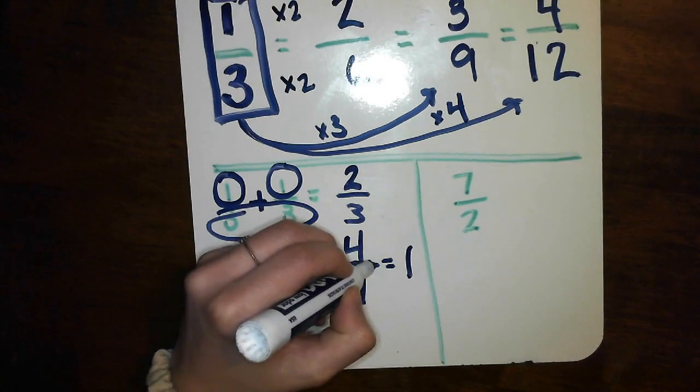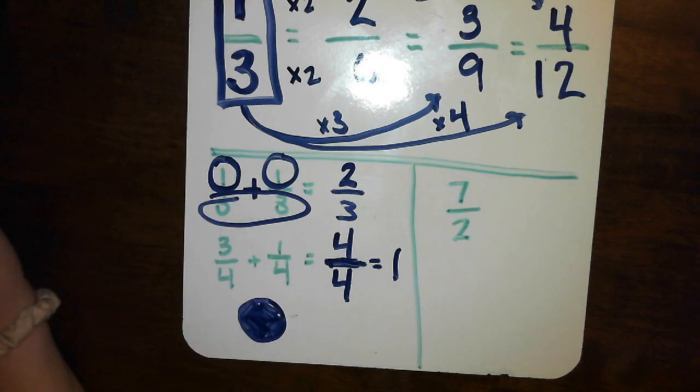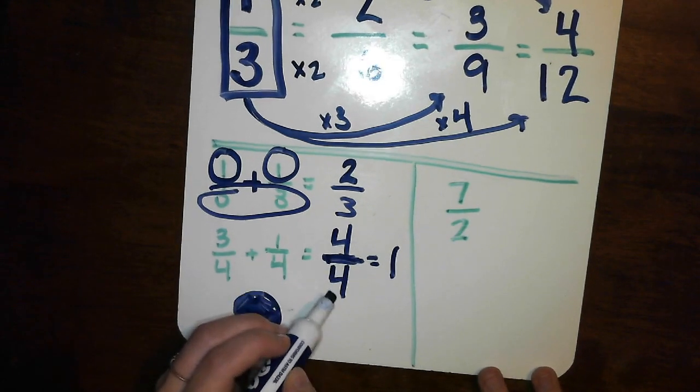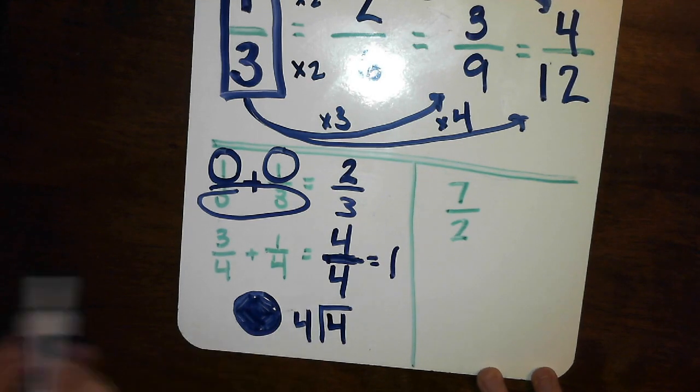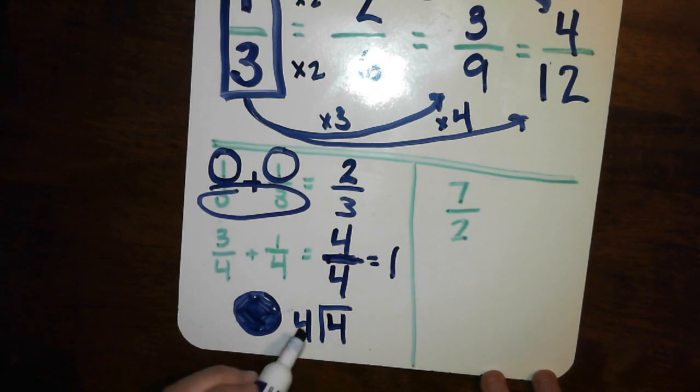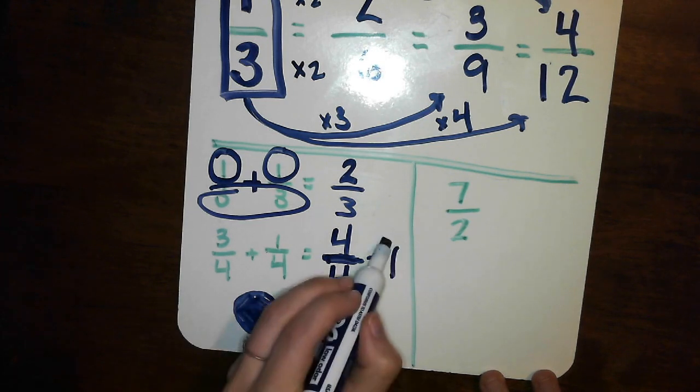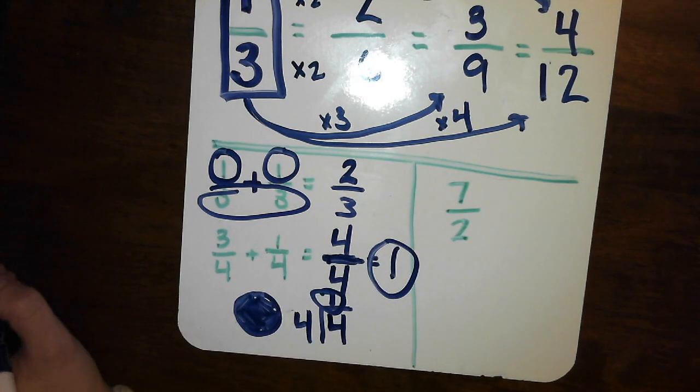So this bar right here, the fraction bar, really means divide. 4 divided by 4. Let's see. What is 4 divided by 4? 4 can go into 4 one time, and anything divided by itself is 1. So 1 would be our final form.